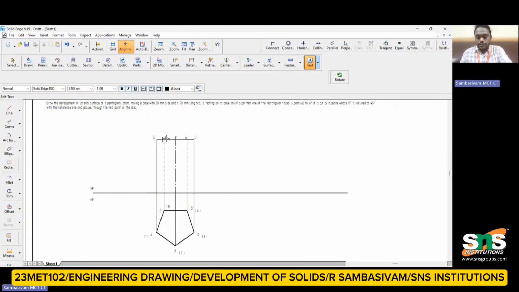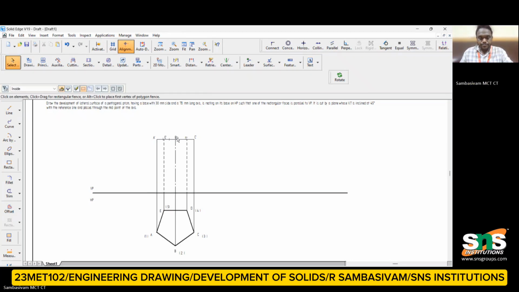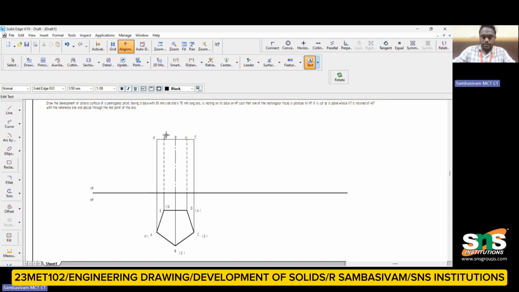So I have to mark it in brackets. I would like to mention this in brackets as E dash. Then in this bracket, it will be D dash.